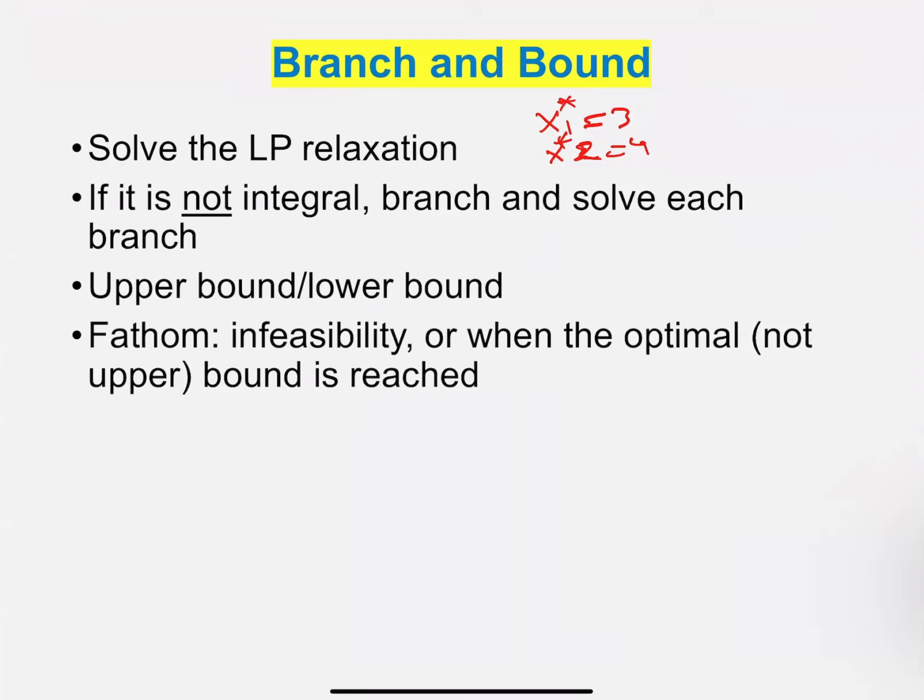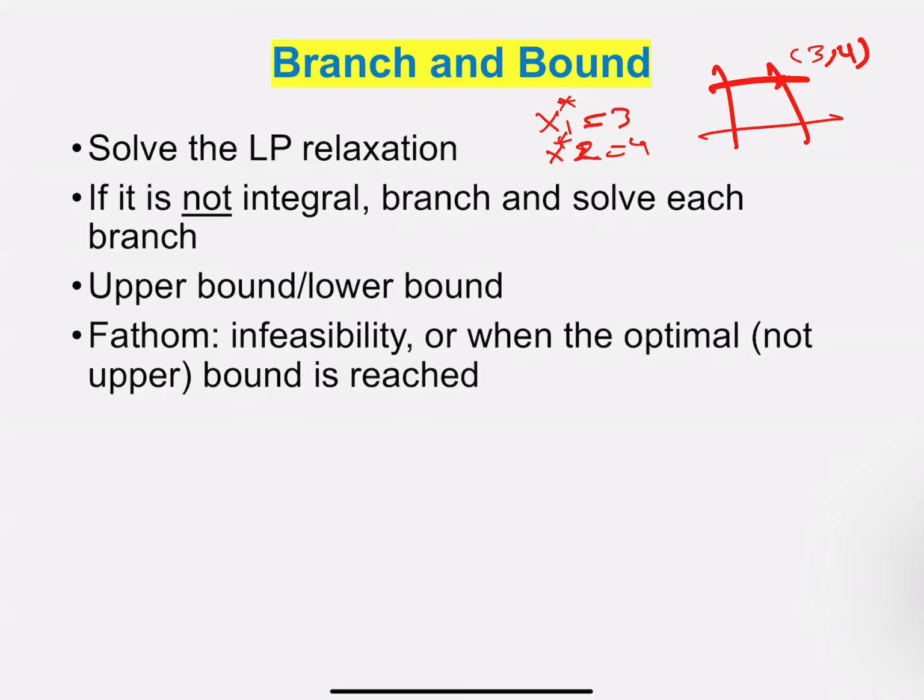So we don't need to do anything. We solve the LP relaxation. The answer happened to be integer. So that corner point in the feasible region, for example, here happened to be 3 and 4. So we don't need to do anything, but that's very rare.